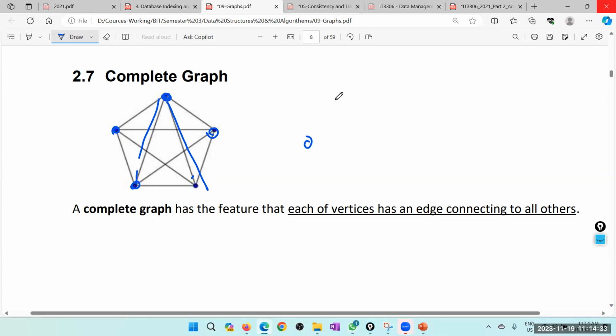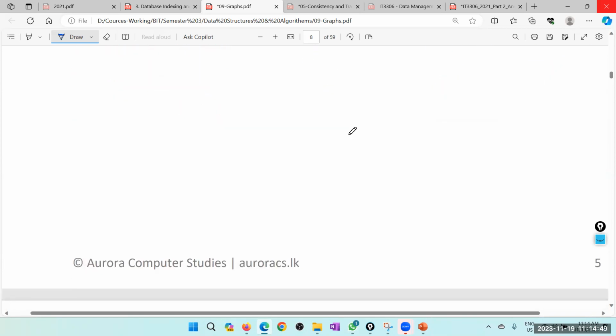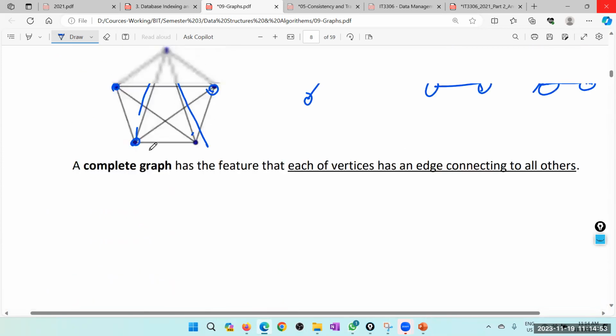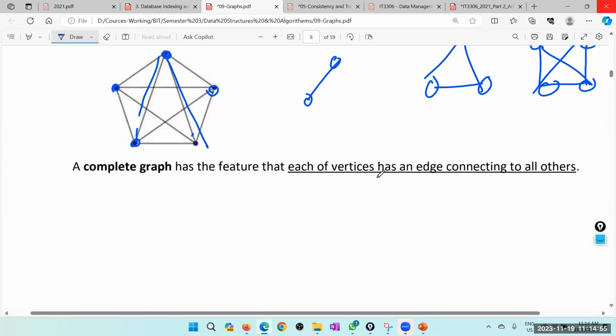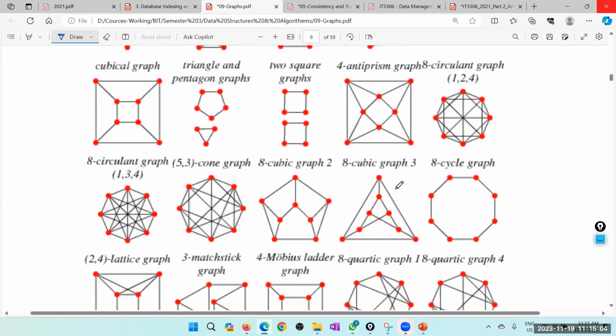For example, this is a complete graph, and this is a complete graph. Of course, this is not a complete graph, but now it is a complete graph, and so on. Each vertex has a single edge connecting to all others.